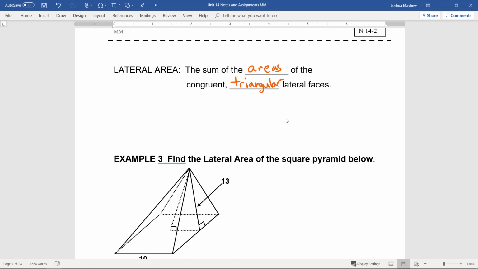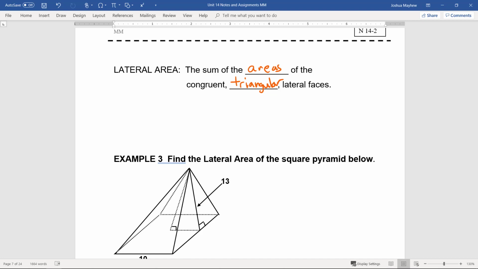With prisms, the lateral faces were rectangles, and to get the lateral area, we found the area of the rectangles and added them up. For pyramids, the lateral faces are triangles. So we're going to find the area of the congruent triangles and add them up.